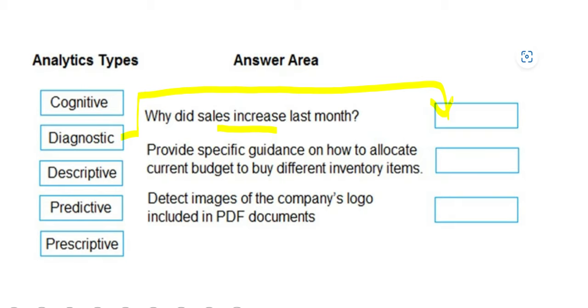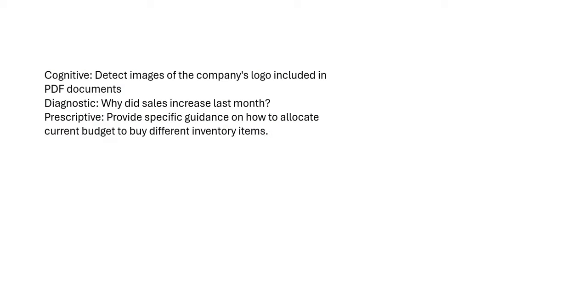Now, when you say provide specific guidance on how to allocate a budget, this is prescriptive in nature because you as a doctor did the diagnostics and now you're saying, hey, you need to follow these set of instructions. And when you say we detect images of a company's logo in a PDF document, this is a cognitive skill that we are talking about. So these are our answers.